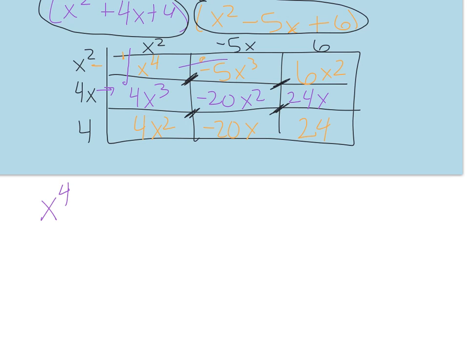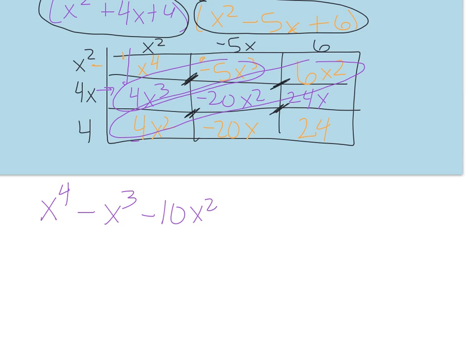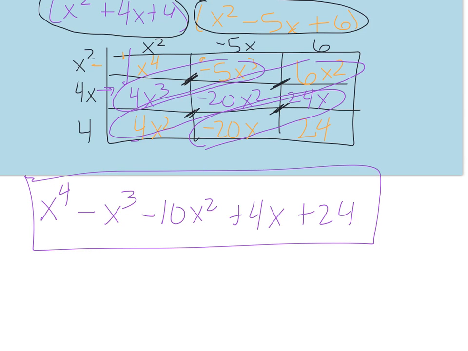Then I can combine these two together, which would give me a negative x cubed. Then I have 3 x squared terms to combine together, which would give me a negative 10x squared, because I have 4 plus negative 20 plus 6. And then these next two terms, negative 20x plus 24x, would give me 4x, and finally 24. So this would be my final answer.